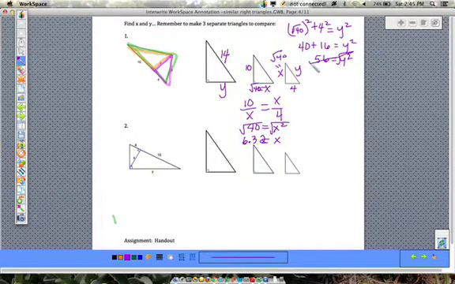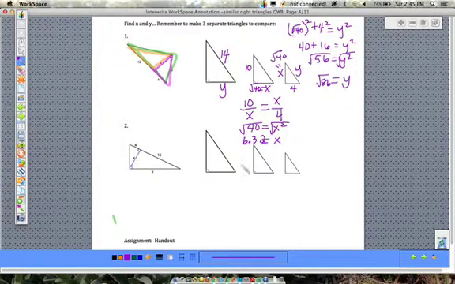Take the square root on both sides. I could simplify this radical, or I can say the square root of 56 is approximately 7.48. So I'm just going to leave this as y equals the square root of 56.